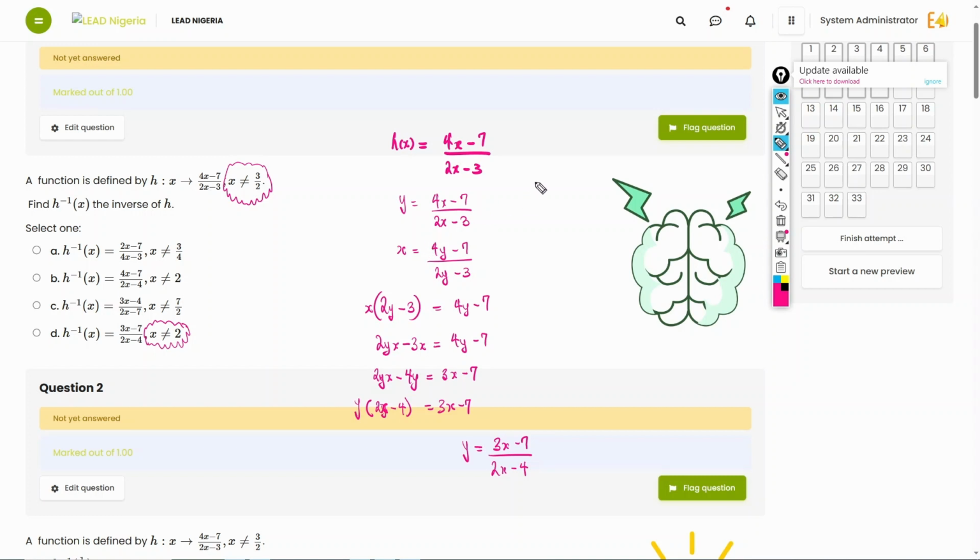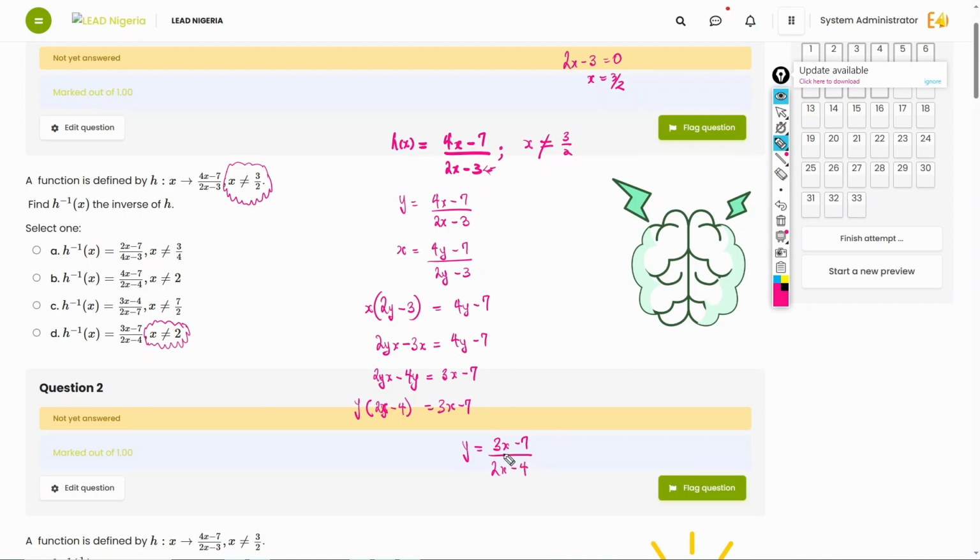So my function cannot have the value that makes the denominator 0. In this case, x cannot be equal to whatever makes this equal to 0. So let me solve for that. I have 2x minus 3 is equal to 0, so x is equal to 3 over 2. That means my denominator becomes 0 there, which is why I have to append that x must never equal 3 over 2.